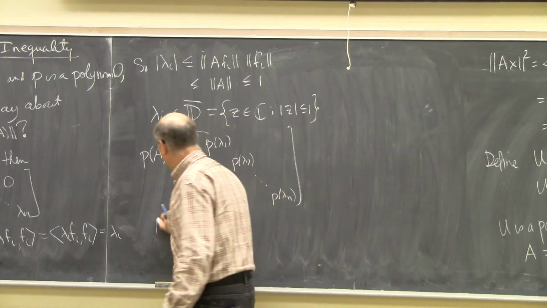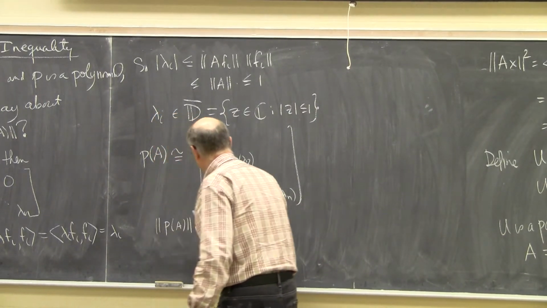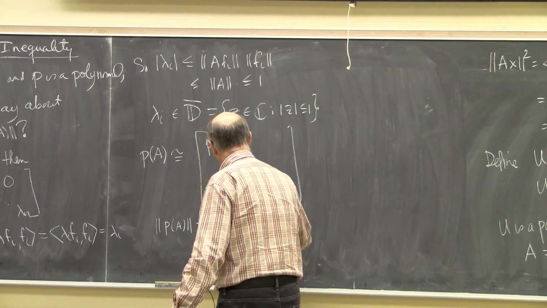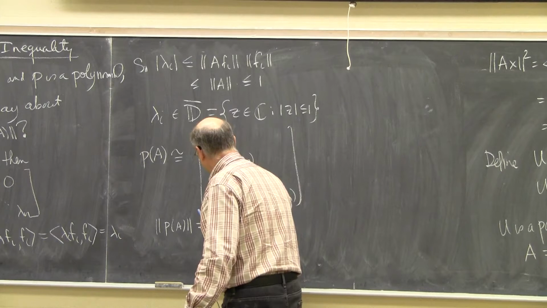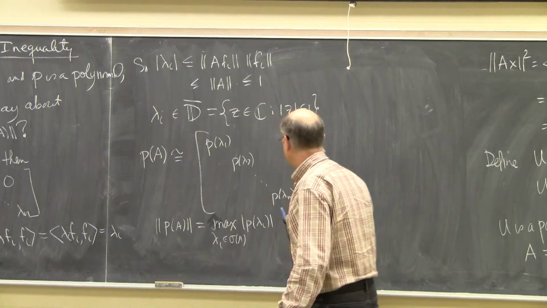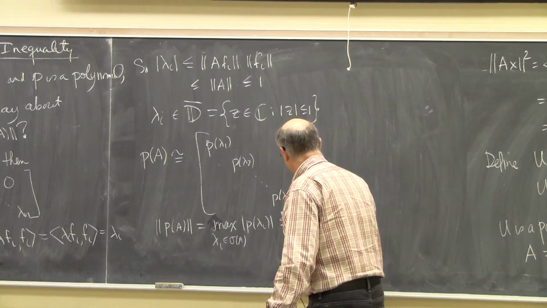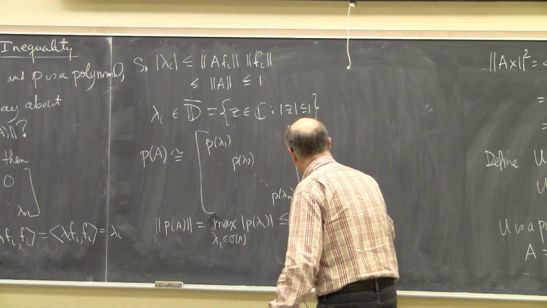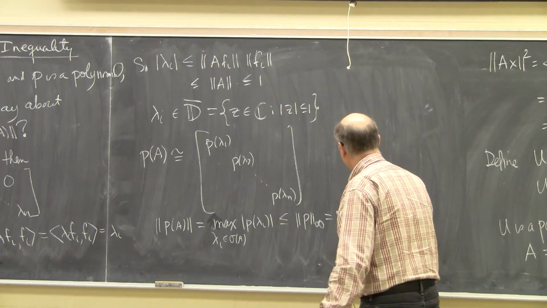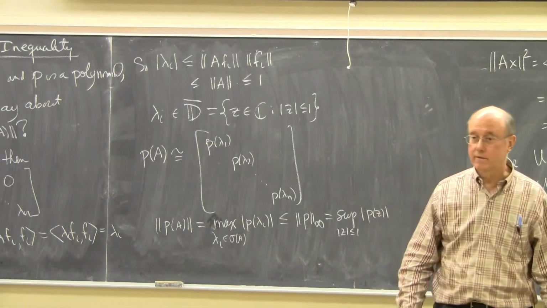And you see that the norm of P of A is then just the max of the absolute value of P of lambda_i, where lambda_i are eigenvalues of A. And so that's less than or equal to what I'm going to call the infinity norm of P, which is the sup of the absolute value of P of z, where z runs over the whole disk. Okay.